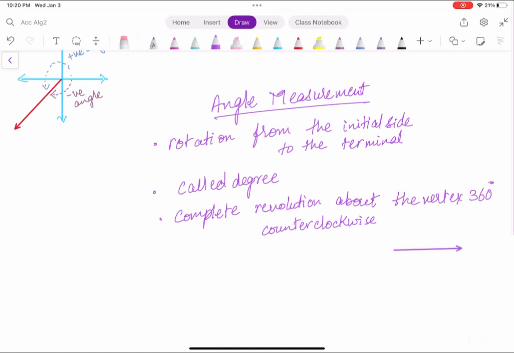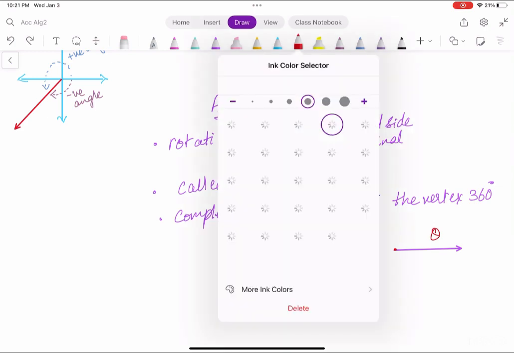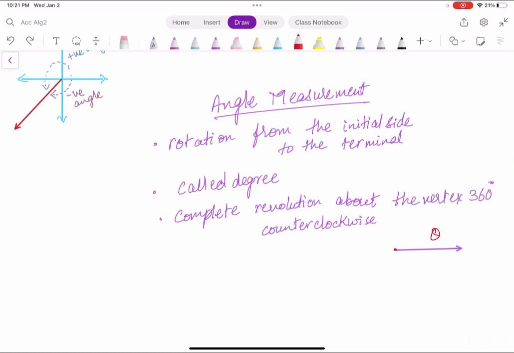Now, if we have a ray and we have a rotation, this rotation, that is theta, this theta will be equal to 360 degrees. Right?